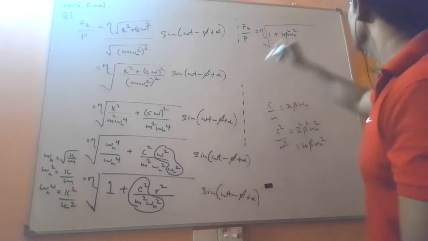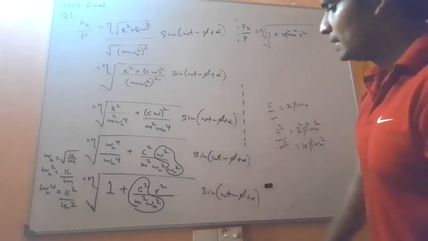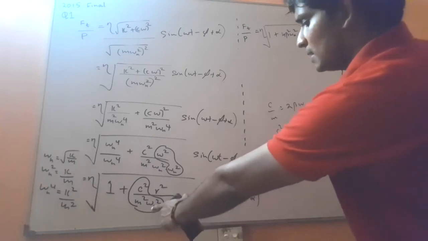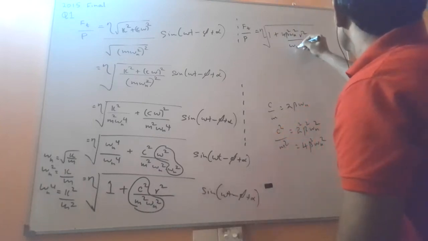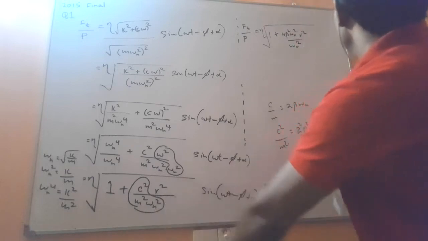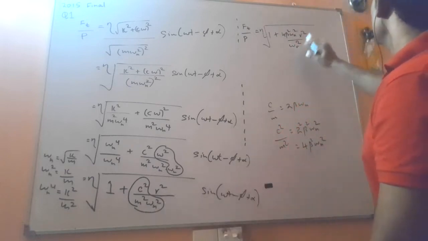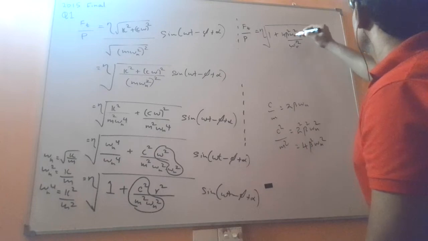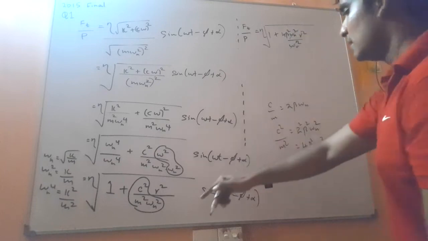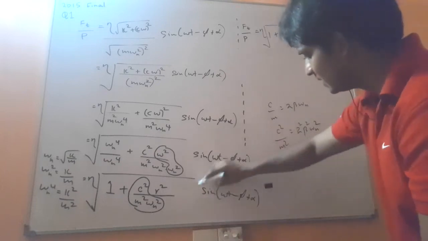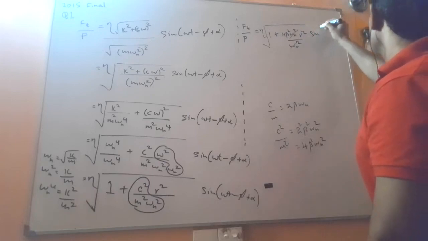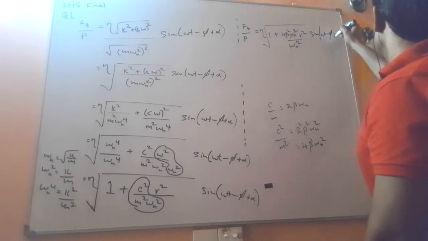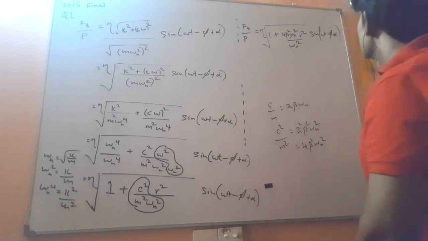This r squared term will be there, and here in the denominator we have omega n squared, right? So now we can cancel this omega n squared with this omega n squared. Again we have this sine component there, sine omega t minus phi plus alpha, right?